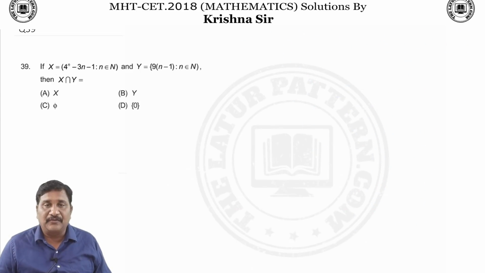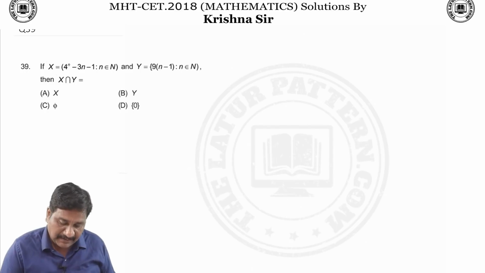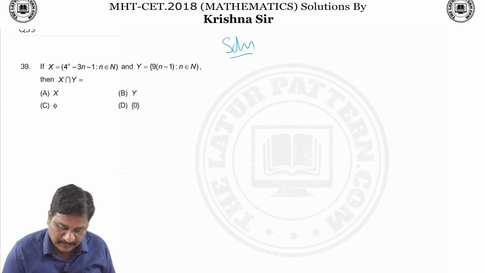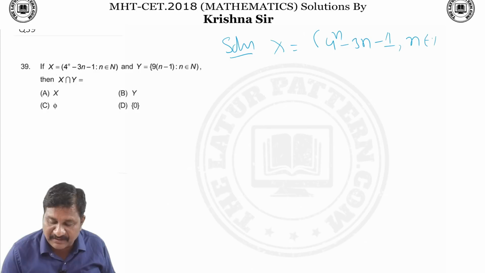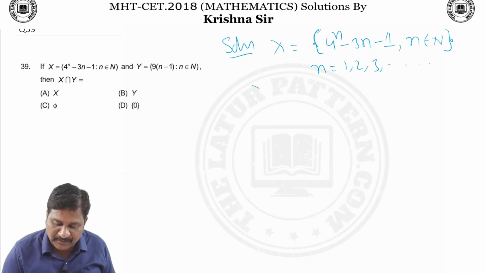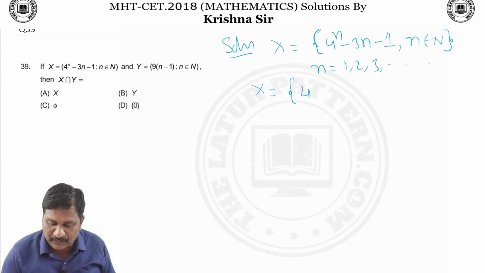Now the solution of question number 39. Given capital X is equal to the set 4 raised to n minus 3n minus 1 for n belongs to natural numbers. Now when n is a natural number, we start from 1, 2, 3 and so on, substituting. Then capital X is 4 raised to 1, 4 minus 3 into 1 minus 1.